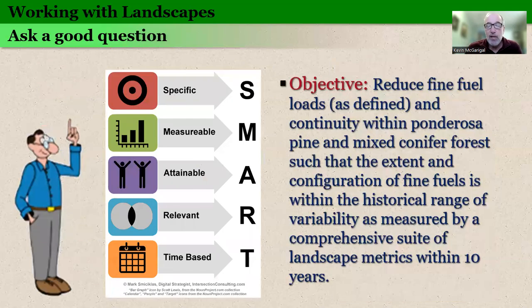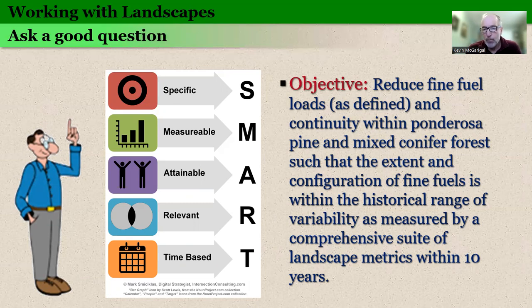But as in the previous example, in order to guide the formal definition of a landscape in the next step of the process, we need a more specific objective. We need ideally a SMART objective. In this case, our objective could be to reduce fine fuel loads as defined and their continuity within ponderosa pine and mixed conifer forest, such that the extent and configuration of fine fuels is within the historical range of variability as measured by a comprehensive suite of landscape metrics within 10 years.